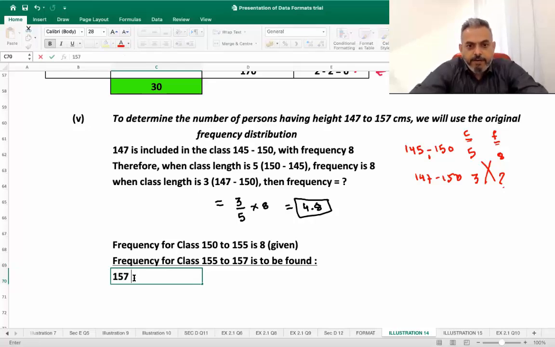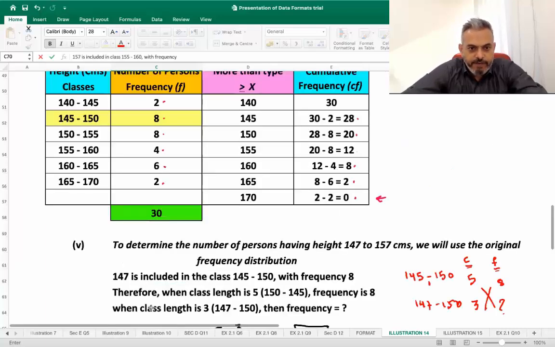157 is included in class 155 to 160 with frequency. What is the frequency? 4.